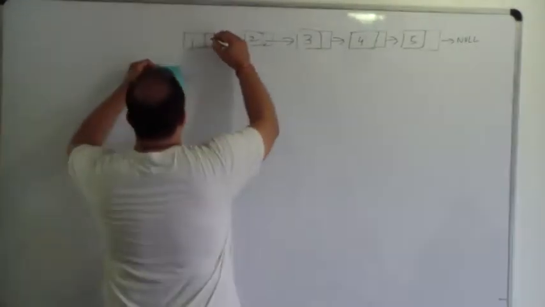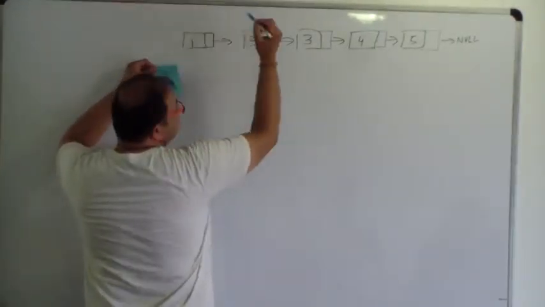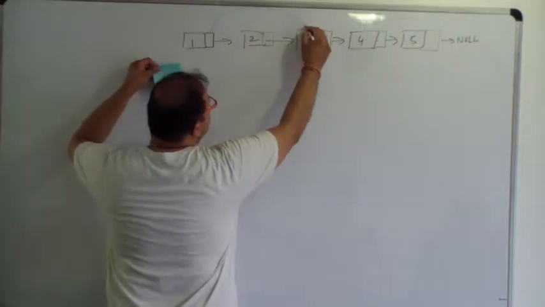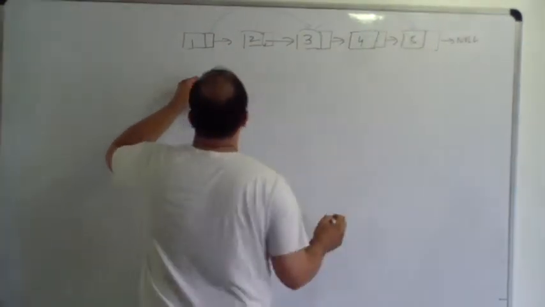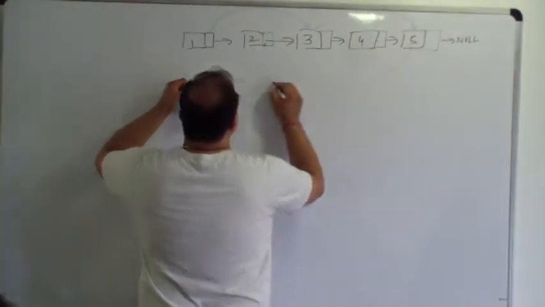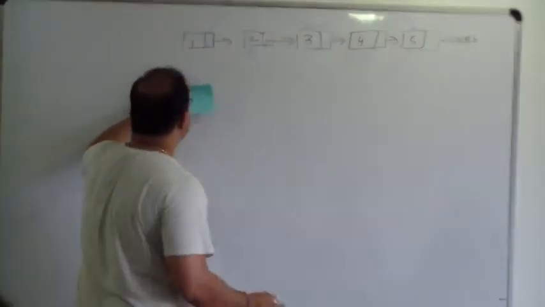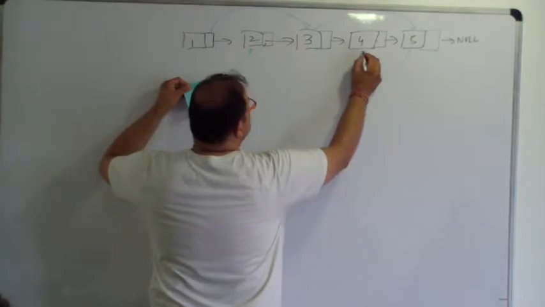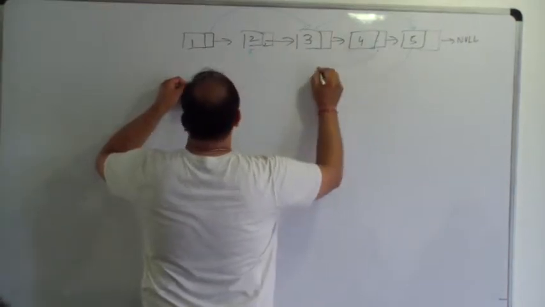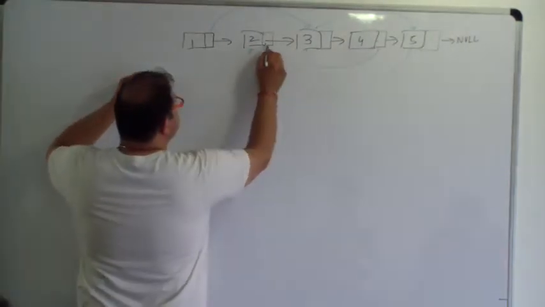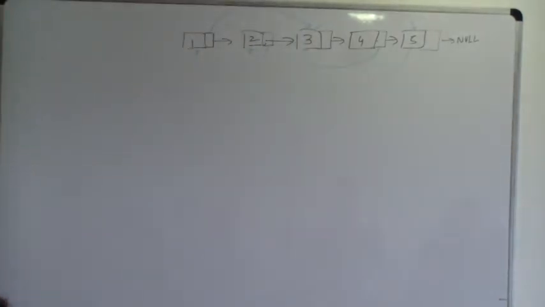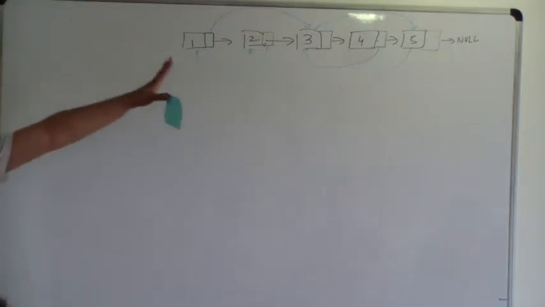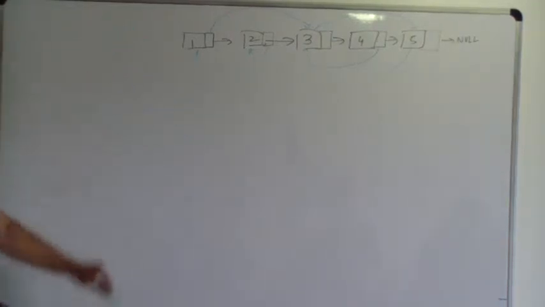Let's say the random pointer for 1 is pointing to 3, 3 is pointing to 5, 5 is pointing to 2, 4 is pointing to 3, and 2 is pointing to 1. There's a random pointer which is pointing to everything else.